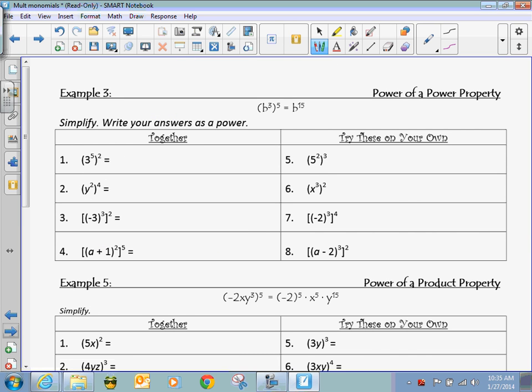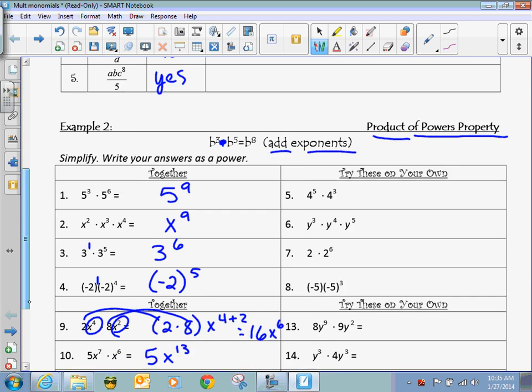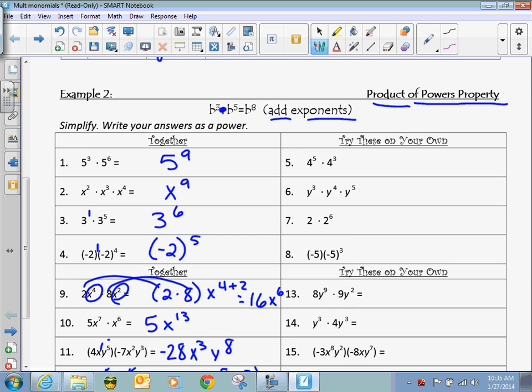Okay, next we have power of a power property. So what we're looking at here, previously what we did is we were multiplying different terms or multiplying different monomials. We were multiplying those monomials together, and then because they were like terms, we were just adding the exponents up.